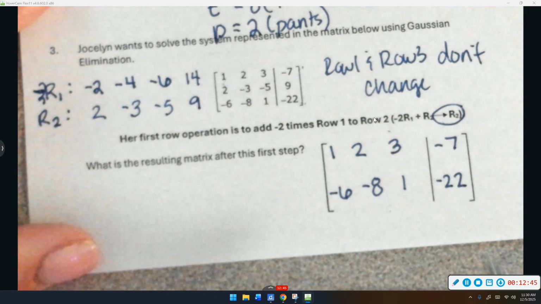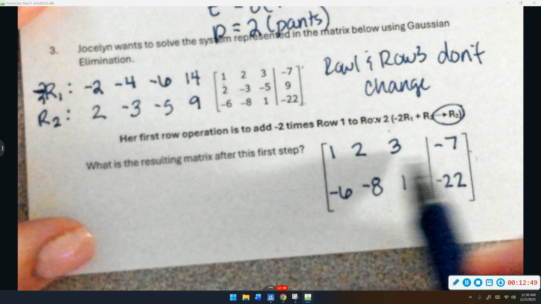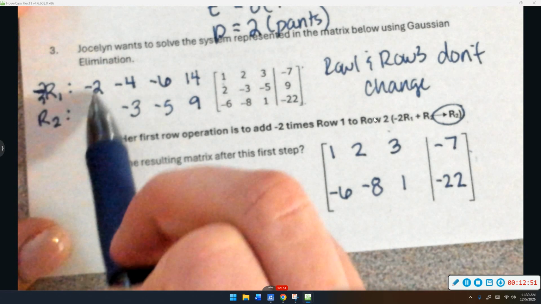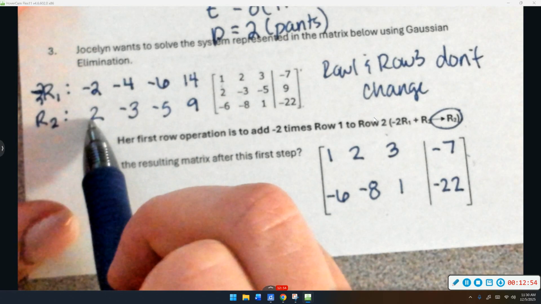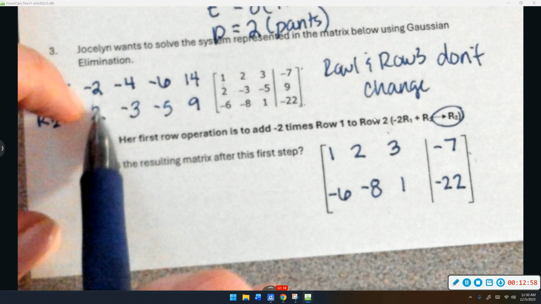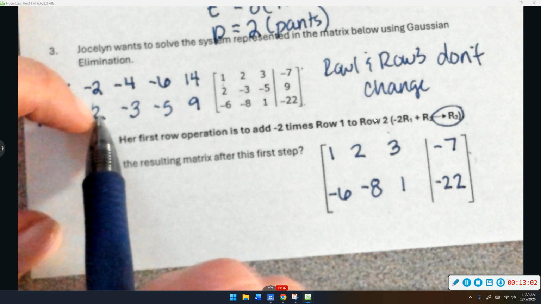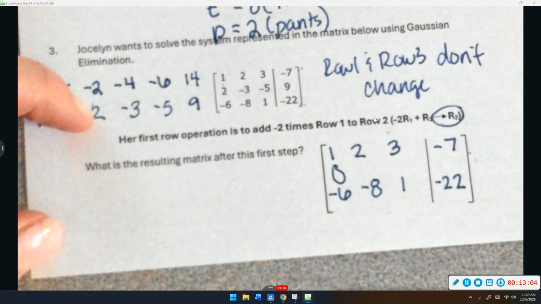Okay, so my new row 2 that I'm going to put here is going to be what I get when I add these numbers together. I'm going to add -2 and 2, and what do I get? -2 plus 2, 0. So I'm going to put a 0 right there.